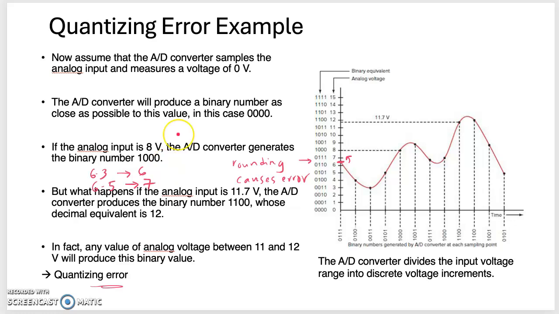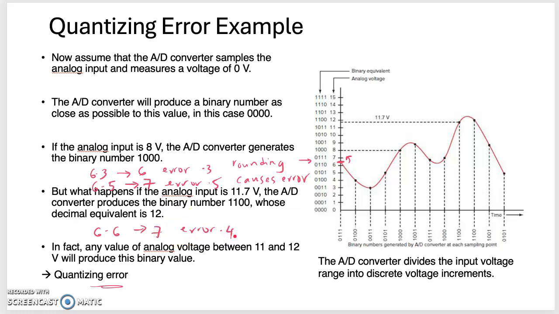So, how do I say this? The worst case scenario of rounding off, here the error introduced is 0.3. But here the error introduced is 0.5. Here the error introduced is 0.4.